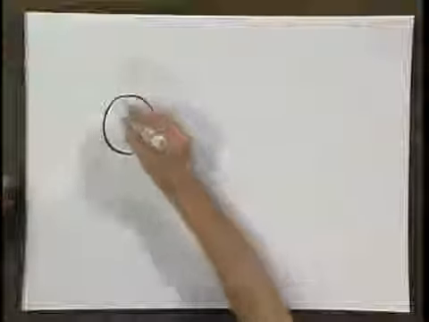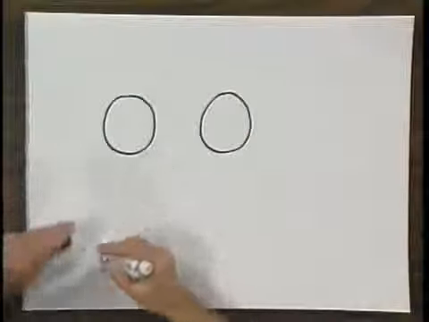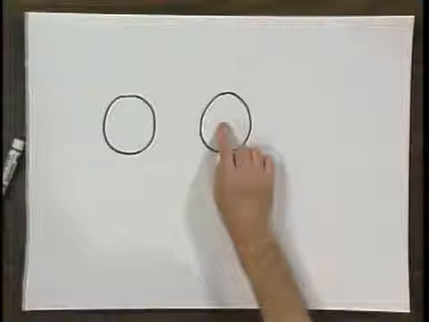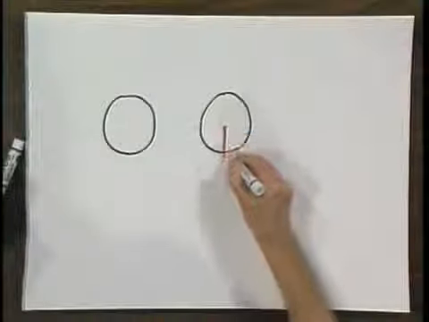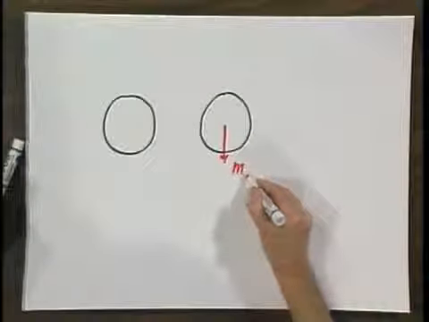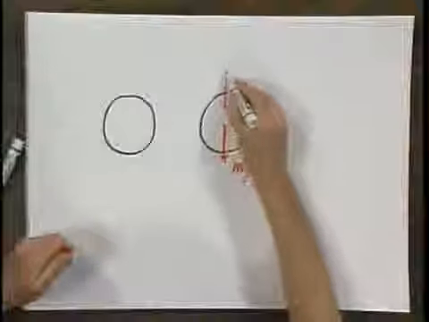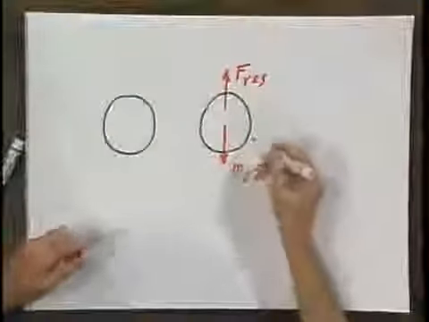If I do have here these two spheres with the same radius, and they have the same speed at this moment, this one has already reached its terminal velocity, m2g, and the resistive force exactly pairs this one out.